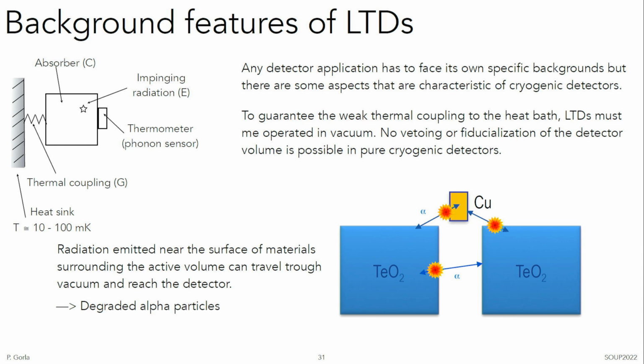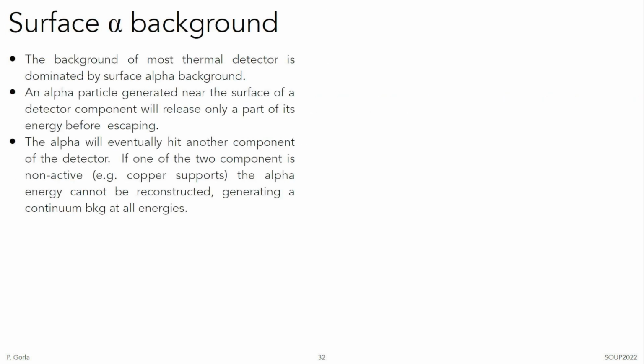But if one of the two surfaces that is hit by the alpha is a non-active surface, like the copper structure here in the sketch, then you get an event which has a random energy between the Q value of this process and 0, depending on how much energy is left in the two sides. So this kind of background is very typical of this kind of detectors. This is just a little bit more of details on this.